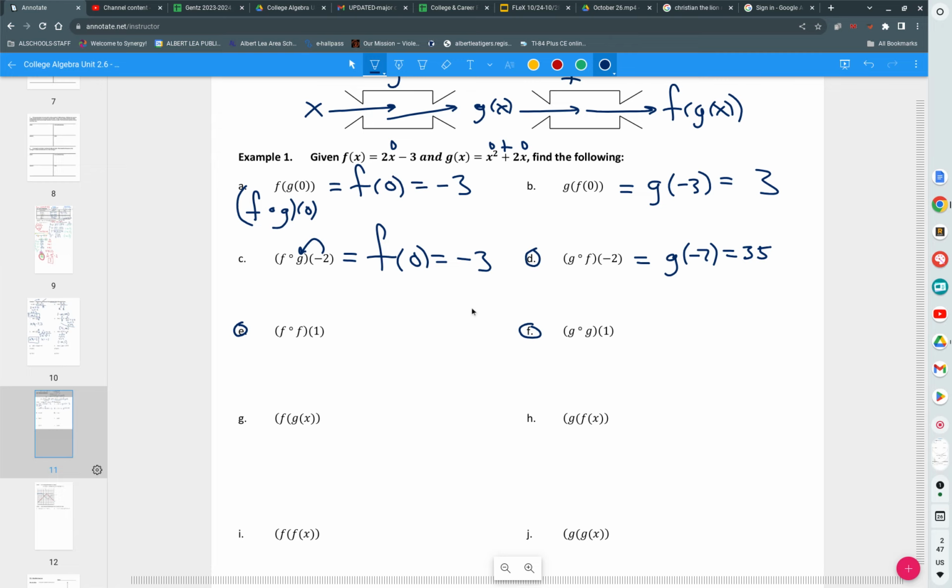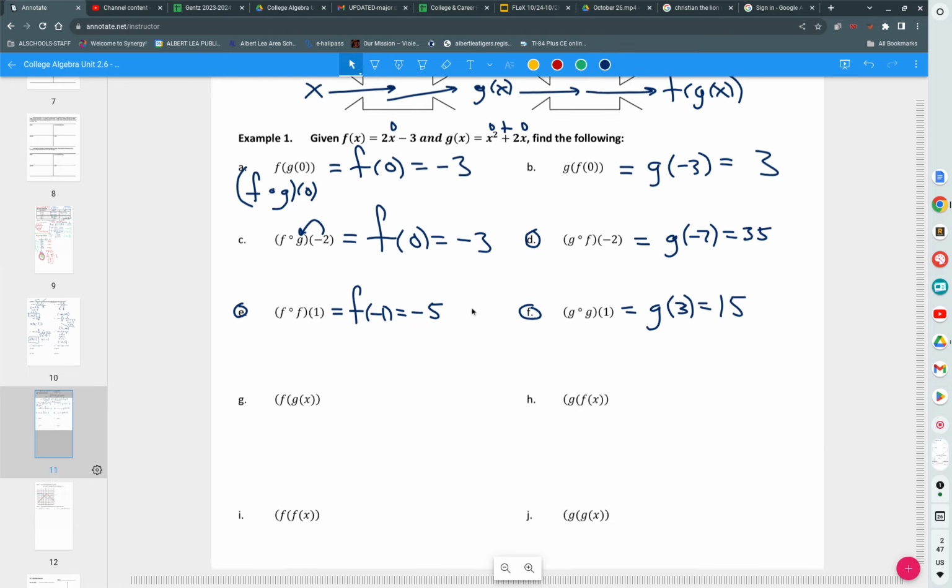Slowly write the answers down up here so you can check them. Okay? Any questions on those three that I asked you to do? Anyone that you need to be seen further?